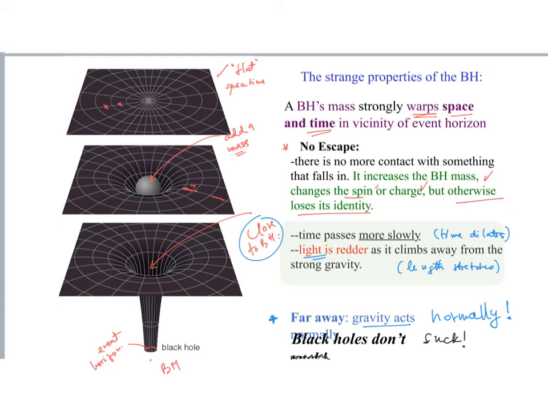If you're far away from a black hole, really all it can do is act with its force of gravity. Whatever the magnitude of the force of gravity is going to be once you apply the formula from Newton, it's always going to be inversely dependent on the square of the distance between you and the black hole.